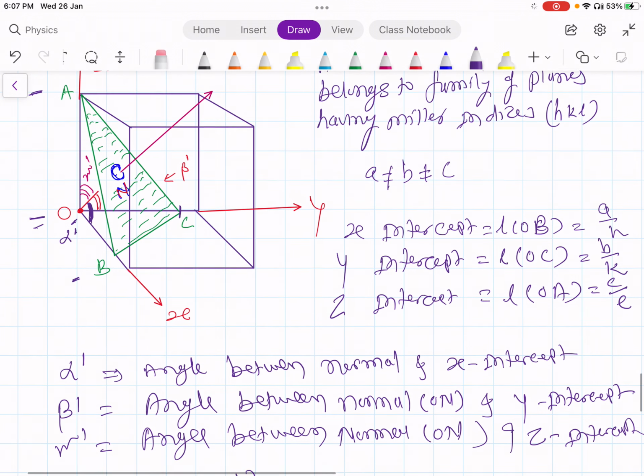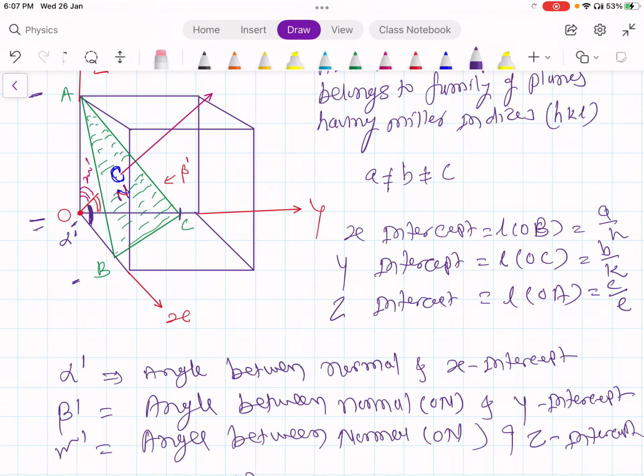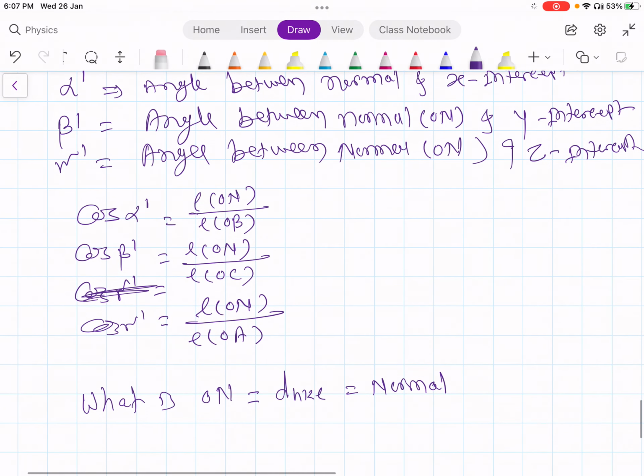I have shown here, ABC is one plane. If the next plane passes through that point O, then ON is equal to the interplanar spacing. So the normal to that plane is passing through O. There could be many parallel planes.